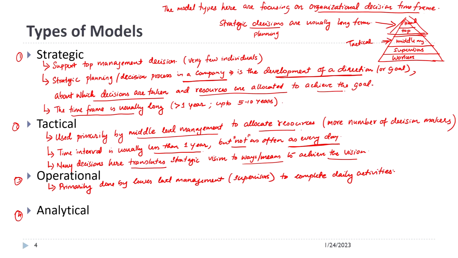So, the main focus here is the lower level management or the supervisors. They are the ones who make the operational decisions. Why? Their main focus is to achieve the daily activities. So, imagine here is the most number of decision makers. That is part of this one, right.